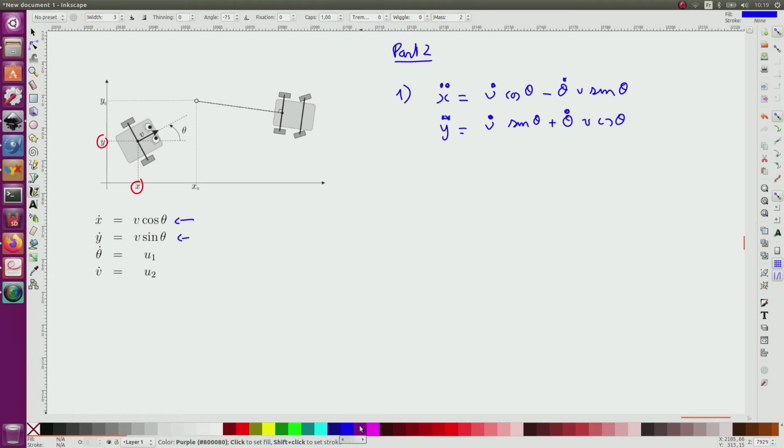So v dot corresponds to u2, so this one is u2, this one also, and theta dot corresponds to u1.